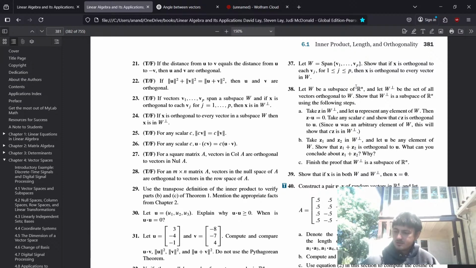Now, if we can show that u plus v dot bi, for some arbitrary i, well, we know that it distributes, so this is going to be equal to u dot bi plus v dot bi, and these both go to 0.